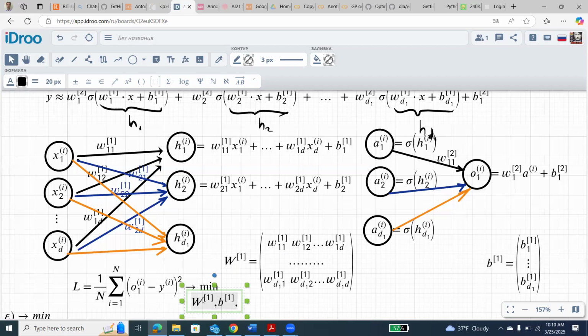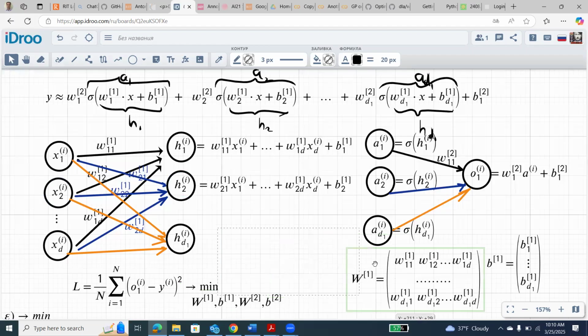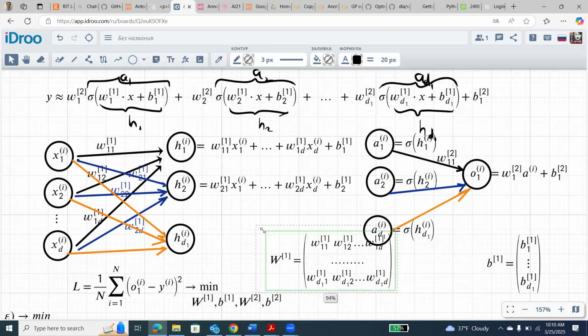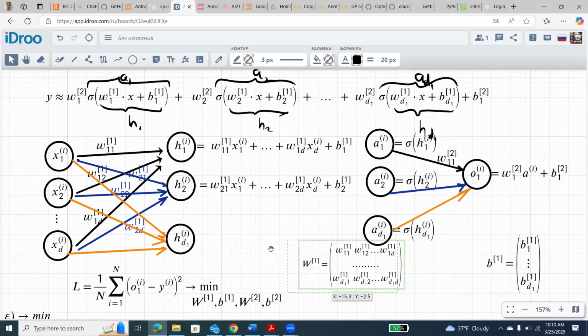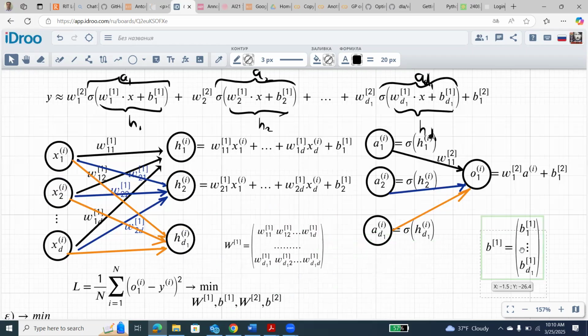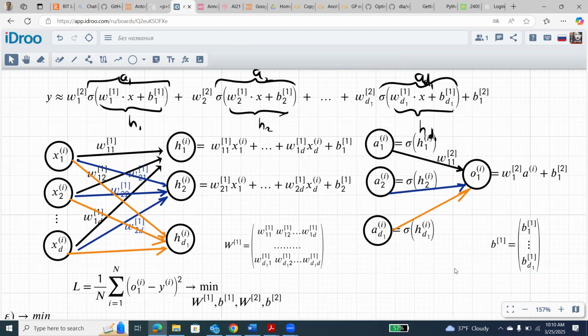Then we will have a vector for bias 2. Okay, so this is our model.